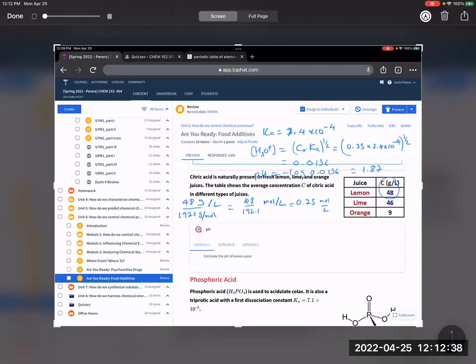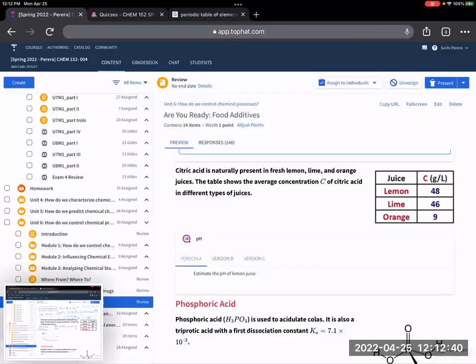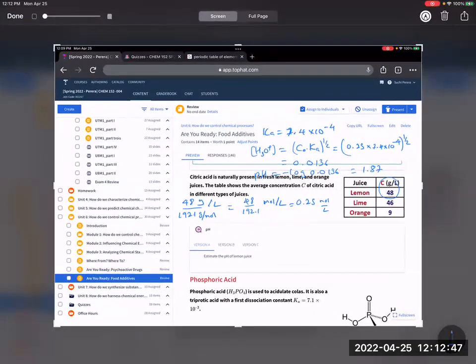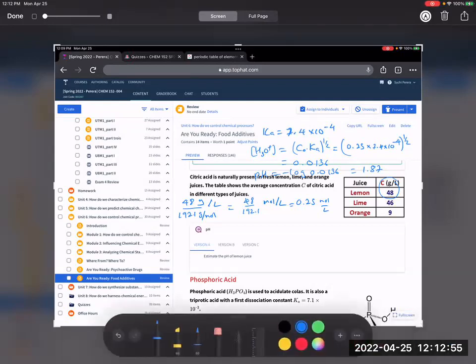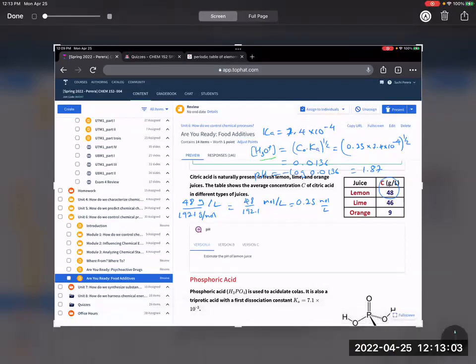Let's try that value. Oh no, it doesn't give us a value. Anyway, that's how we tackle this problem. We have the C naught and the Ka. You multiply those two numbers and take the square root, which gives you the H3O plus concentration, and then you take the minus log of that value to get the pH, which is great.